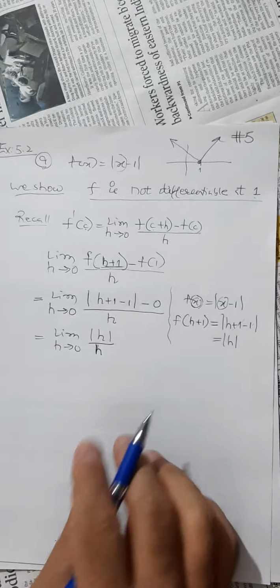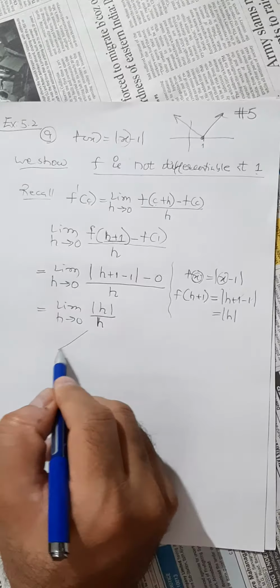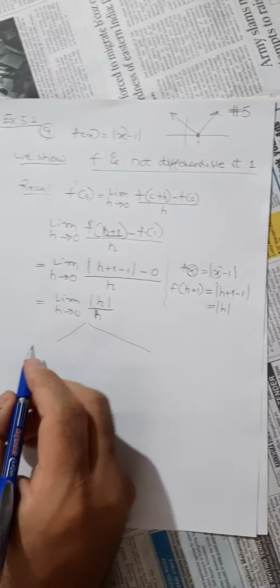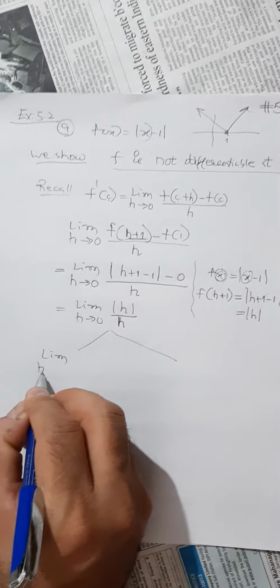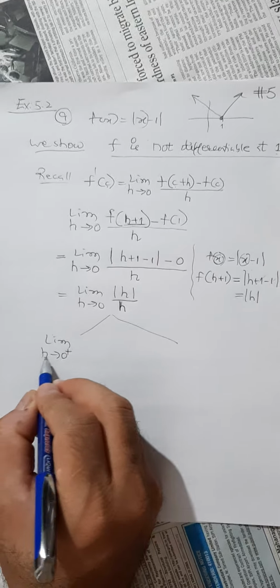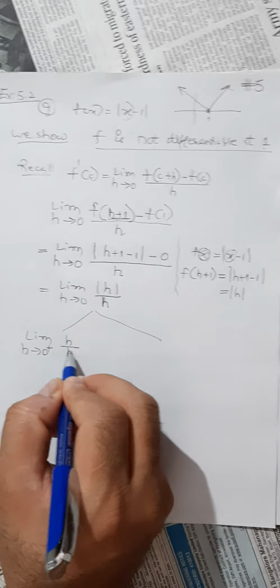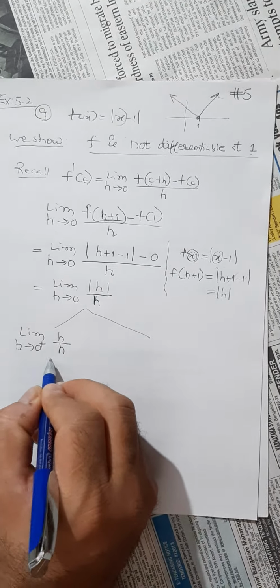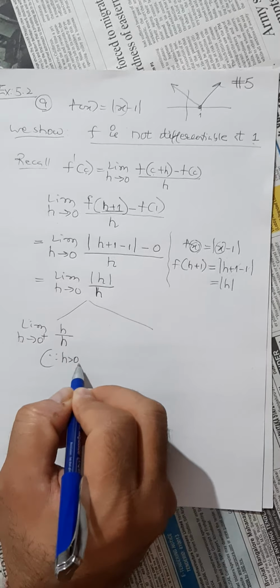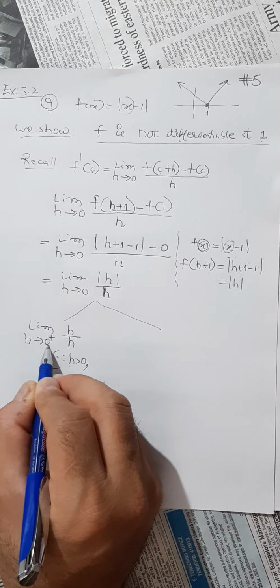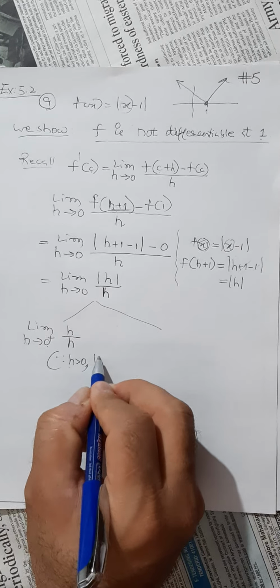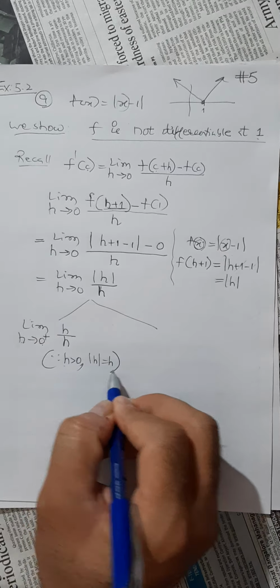Now this we did a few minutes ago. Whenever you have a modulus, you always need to split into right and left limits. H tends to 0 from right, h upon h. Why this? Because here h is greater than 0, since it is from the right side. So modulus h becomes h.